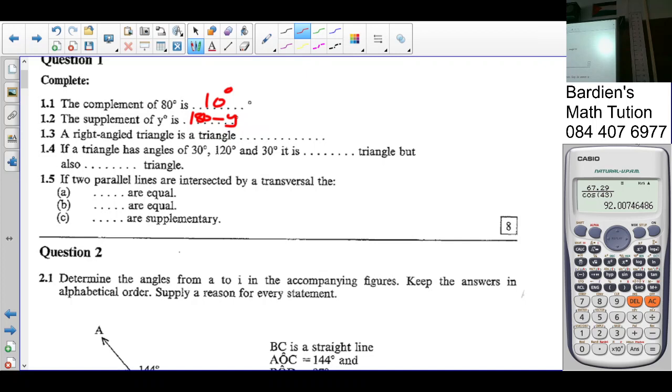A right angle triangle is a, I don't know, let's check. A right angle triangle is a triangle with a 90 degrees in it, I would say. One angle with 90 degrees. Let me just confirm.